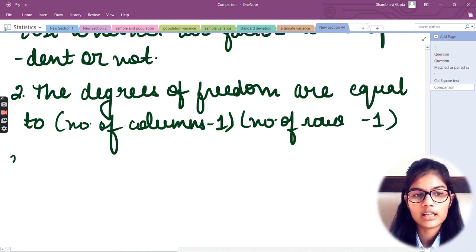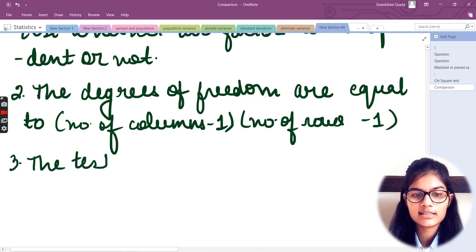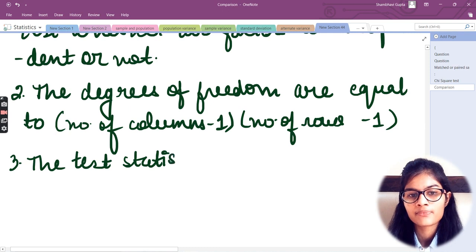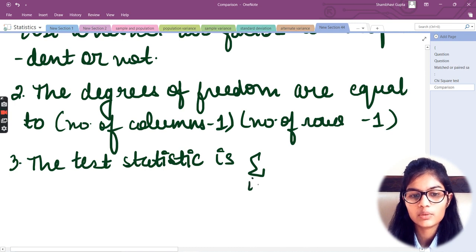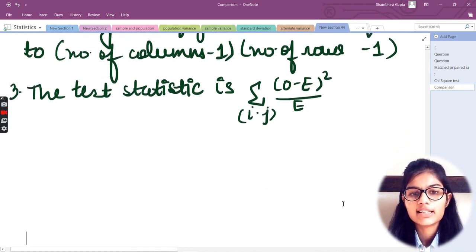Fine. Now moving next, we have the test statistic. The test statistic for this is the sigma over i times j, of O minus E, whole squared, divided by E. Okay, the test statistic is this.